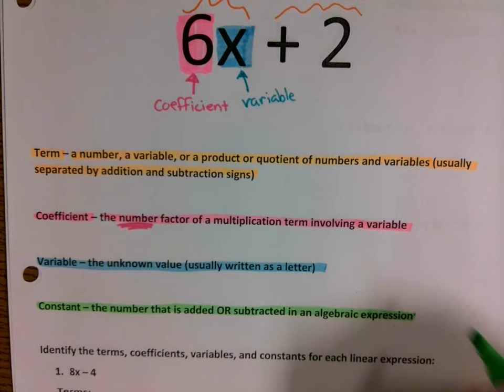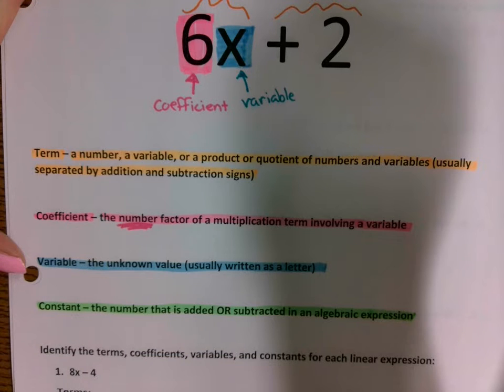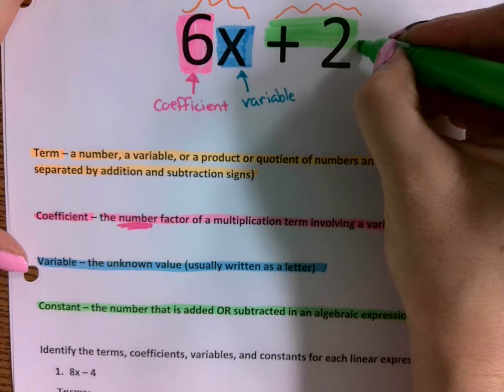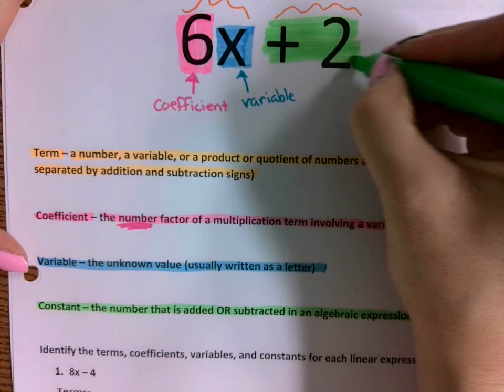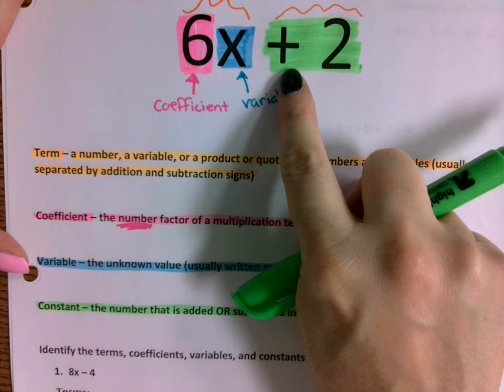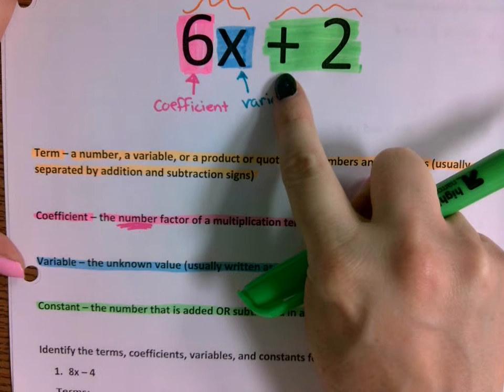It is just a plain number value that is added or subtracted. And notice I'm going to highlight the sign. I'm going to highlight the addition sign because I want to make sure that I know that that isn't just 2, it is a positive 2. So I'm highlighting the sign as well.